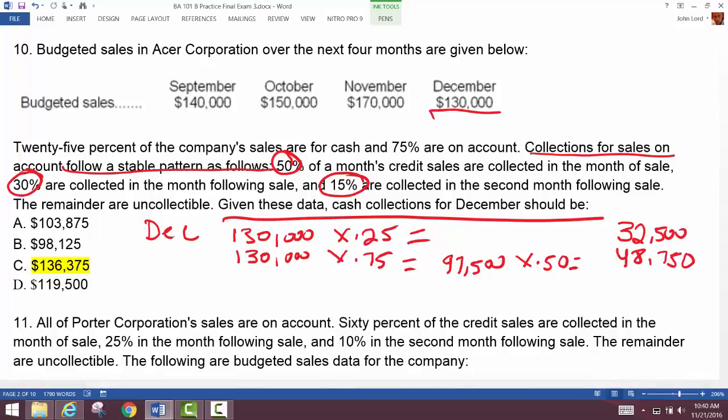Then we've got to see what we're going to collect for November in December. So we had November sales of 170,000. And of the November sales, only 75% are credit sales, right?